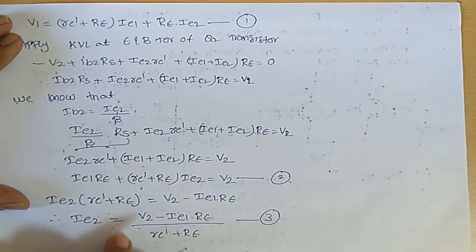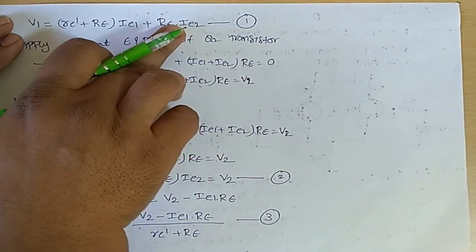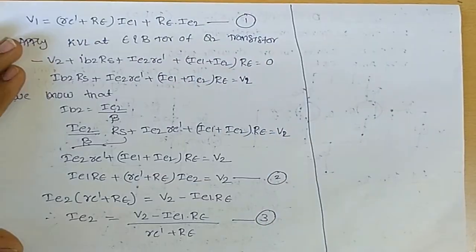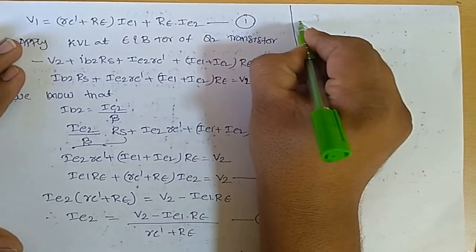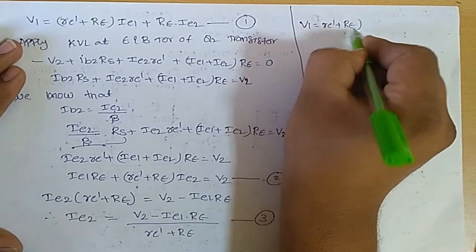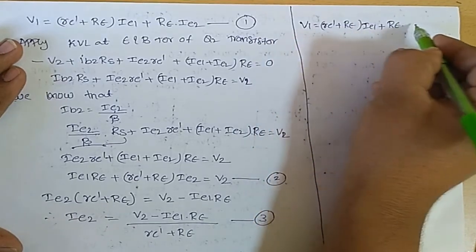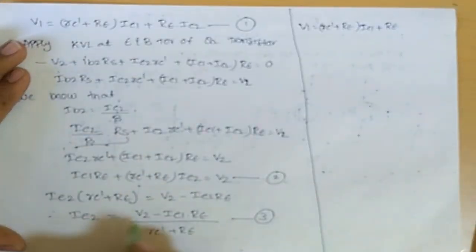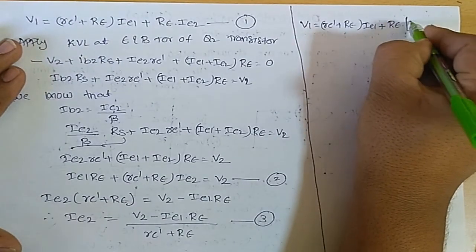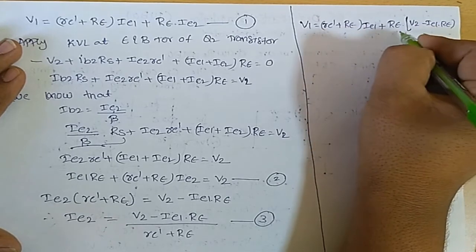Equation number 3 we can substitute in equation number 1, because in equation number 1 we have the IE2 term. Therefore the equation is V1 equal to RE dash plus RE into IE1 plus RE into IE2. So what is the IE2 value? V2 minus IE1 into RE, whole by RE dash plus RE.